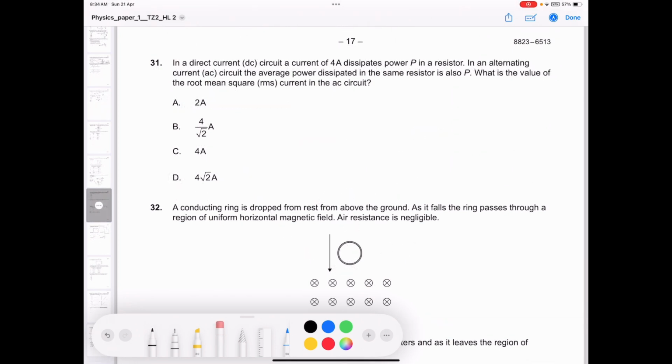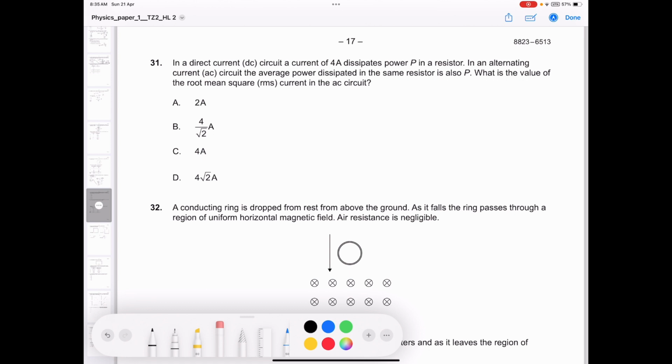Number 31. In a direct current circuit, a current of 4 amps dissipates power P in a resistor. In an alternating current circuit, the average power dissipated in the same resistor is also P. What's the value of the root mean square current in the AC circuit? So this is more of a language question than anything else.